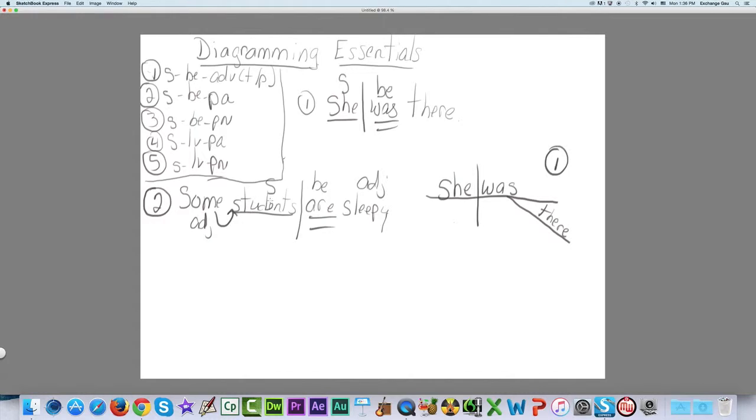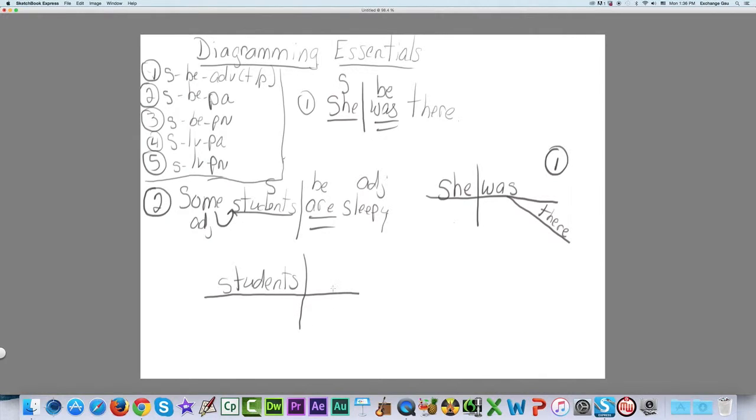So in sentence pattern number 2, remember that this is our subject, be verb, and our predicate adjective, and we already did the analysis of this particular sentence. So again, I'm going to draw my baseline just like I did above, and we know that "students" is the subject.